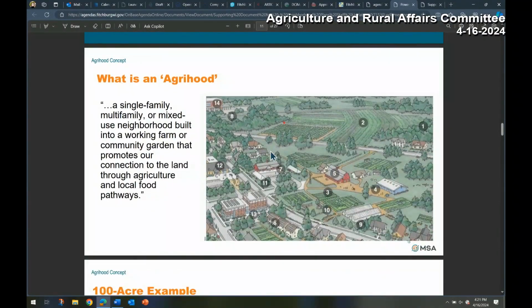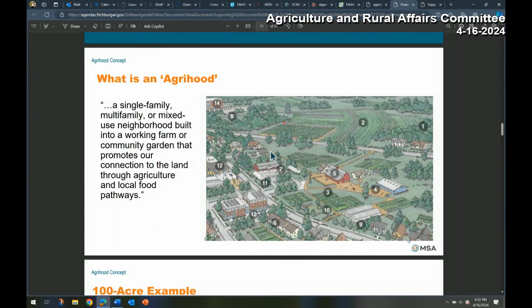So, this idea of housing, a mixed-use neighborhood built into or integrated into a working farm. Or farms. Or farms, yep. So, I'm bringing this because you guys are the committee, to kind of explore this idea.